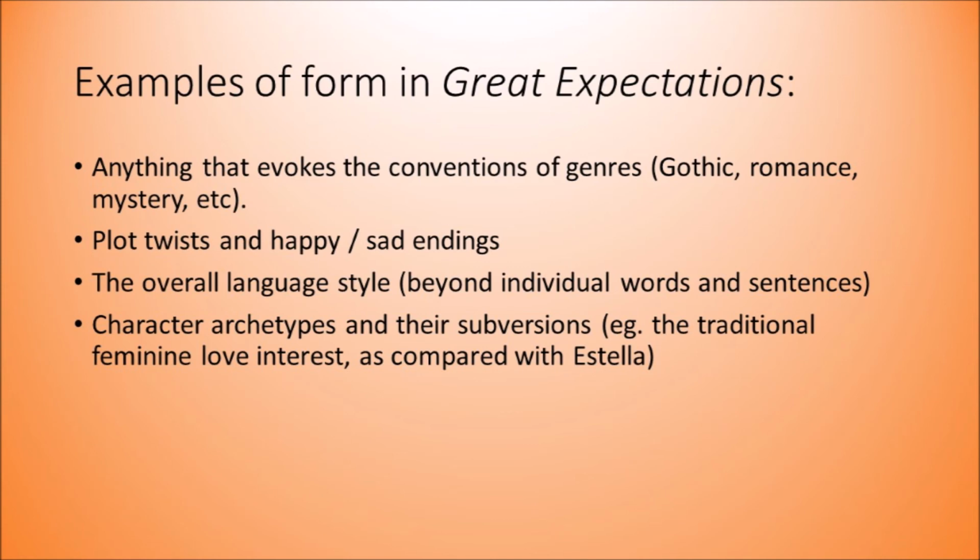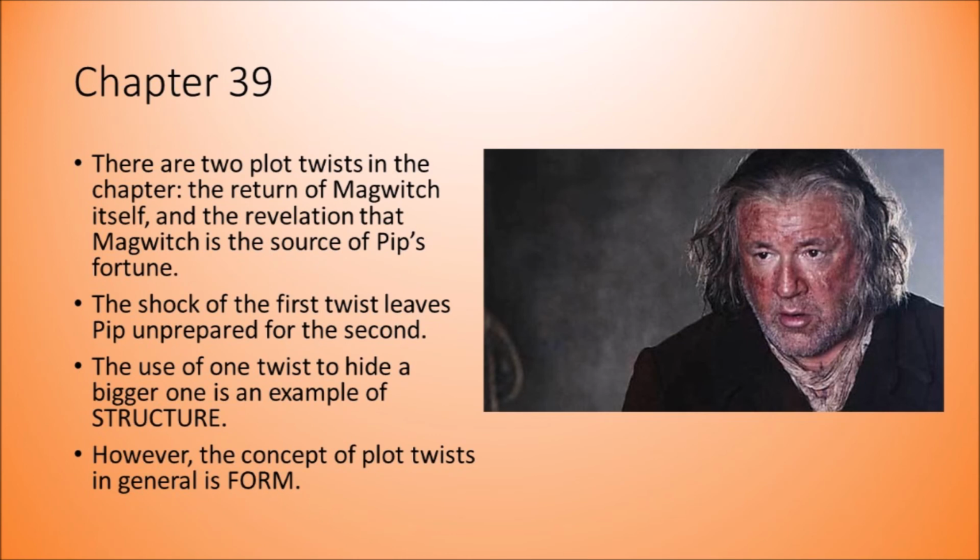And one of the clearest examples, I think, is in chapter 39, which is at the very end of volume 2, and it's the chapter where Magwitch makes his sudden unexpected return into Pip's life. This chapter features 2 plot twists. The first is Magwitch turning up to begin with, and the second happens a couple of pages later, and it's the revelation that actually it was Magwitch all the time who was the source of Pip's wealth, not Miss Havisham as Pip had assumed.